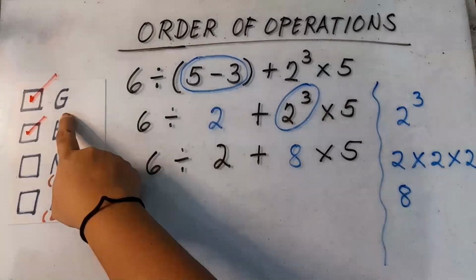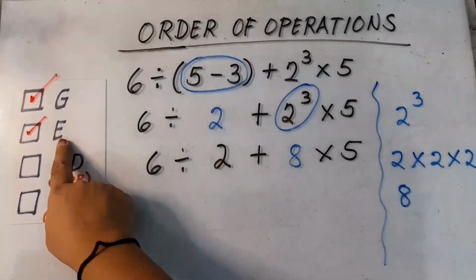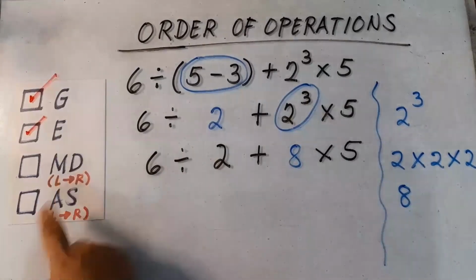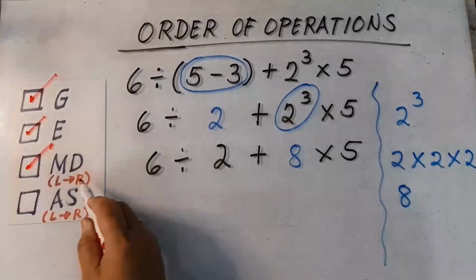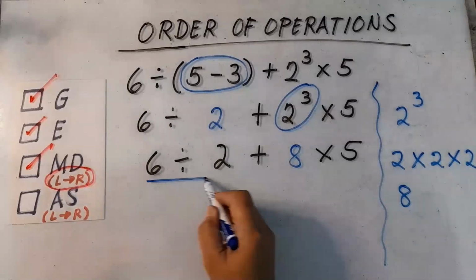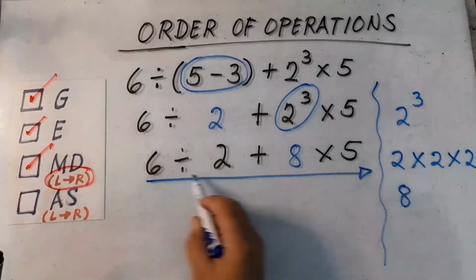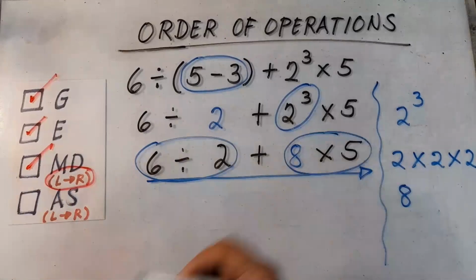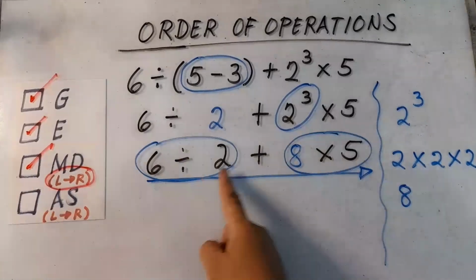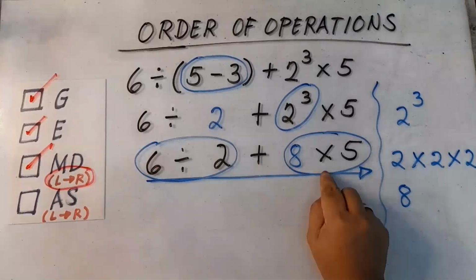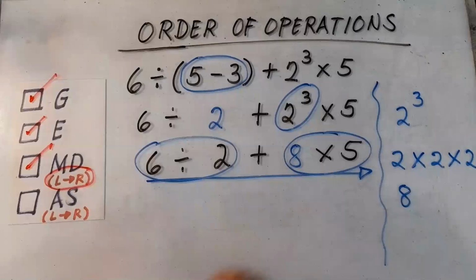Tapos, balikan uli natin yung checklist natin. Wala na tayong grouping symbol. Wala na rin tayong exponentiation. We'll have multiplication and division from left to right. Okay? Tandaan ha? From left to right. So, that means we'll have here division and then multiplication. Dahil hindi naman sila magkadikit talaga dahil may addition pa, walang problema kung pagsasabayin na natin silang i-compute doon sa susunod nating linya.